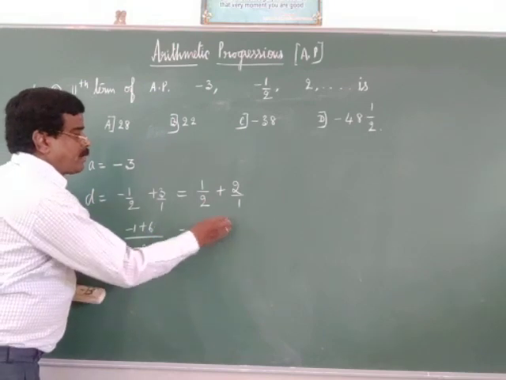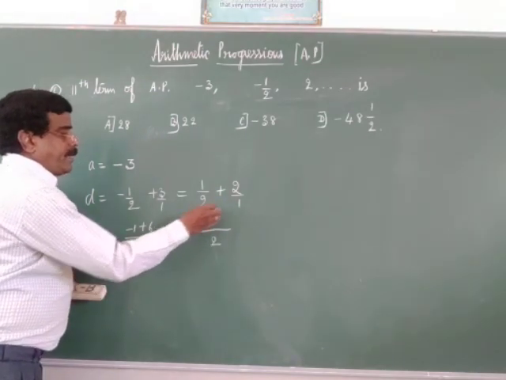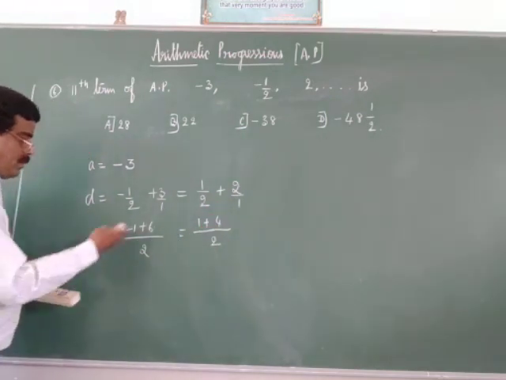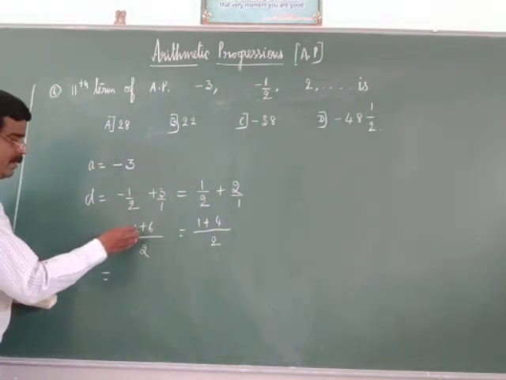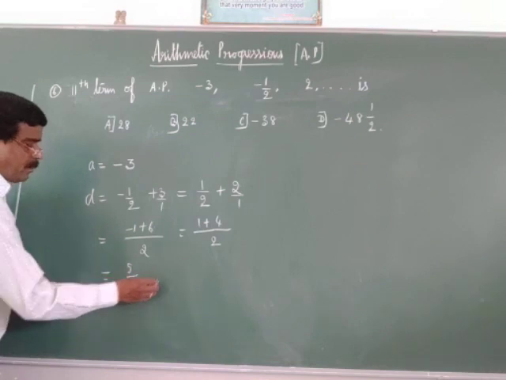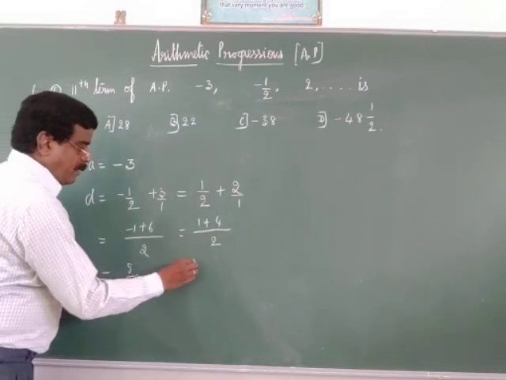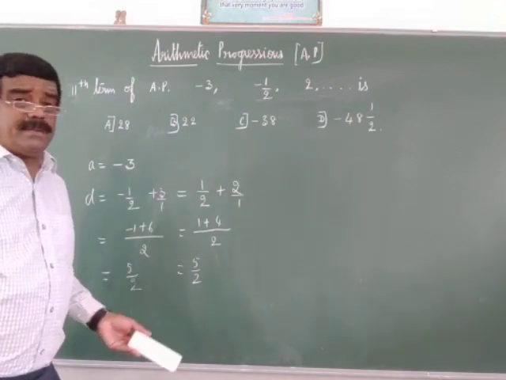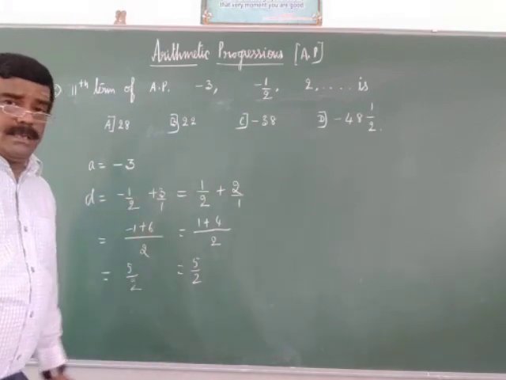So 6 minus 1 is 5 by 2. Similarly 4 plus 1 is 5 by 2. Both are the same, children. This is just to find the common difference d.